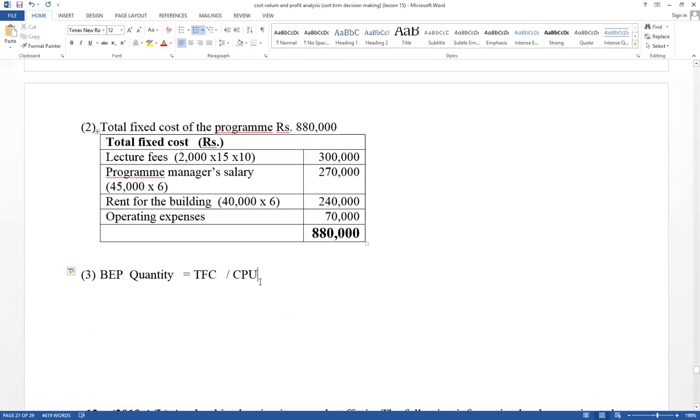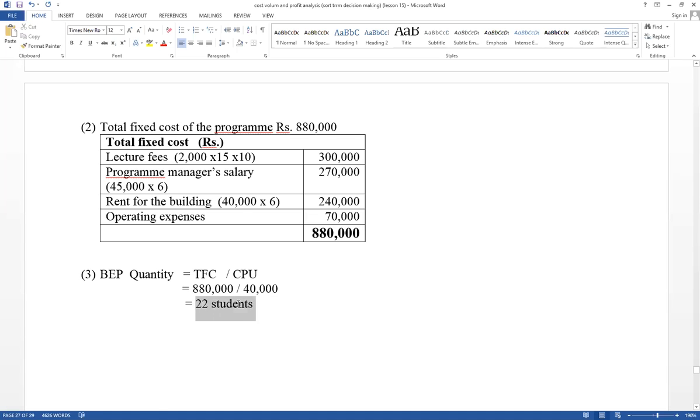Therefore, 880,000, that is the total fixed cost, divided by contribution per unit, which equals 40,000. Therefore, the number of students equals 880,000 divided by 40,000, which is 22 students.